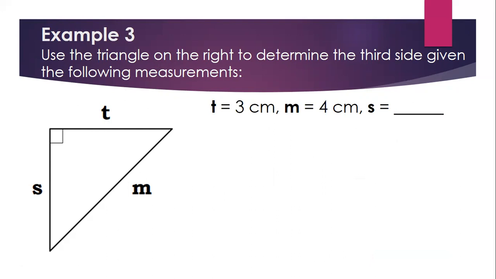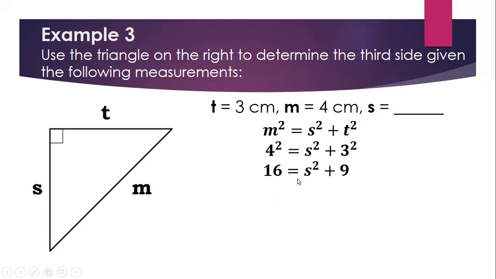We have a given T equals 3 centimeters, M is equal to 4 centimeters and S is equal to, so S is the missing side. Okay, so we have our formula, M squared equals S squared plus T squared. And then substitute natin yung mga given na meron tayo. So M, we have 4 squared equals S squared plus our T is 3, so we have 3 squared. 4 squared is equal to 16 and 3 squared is equal to 9.